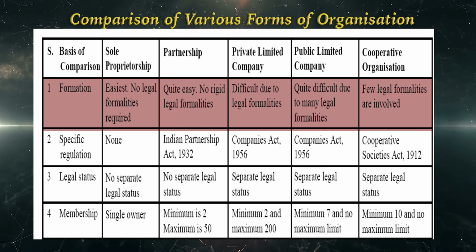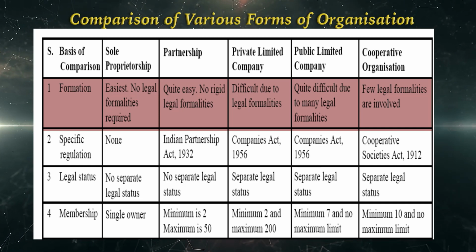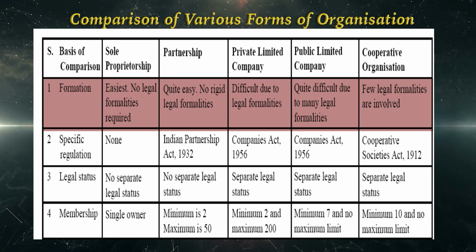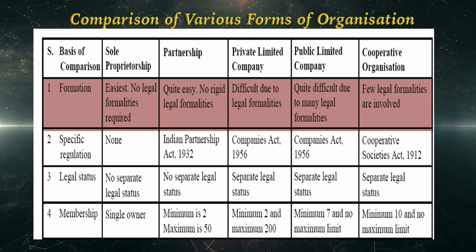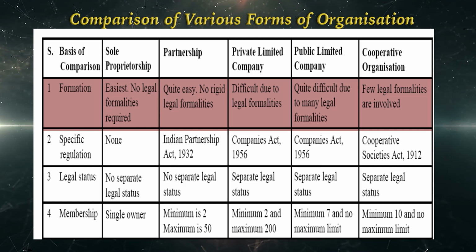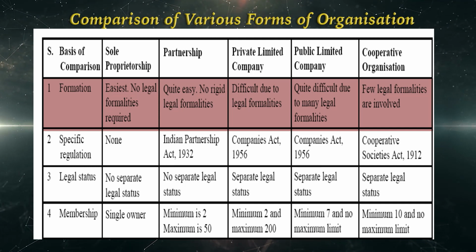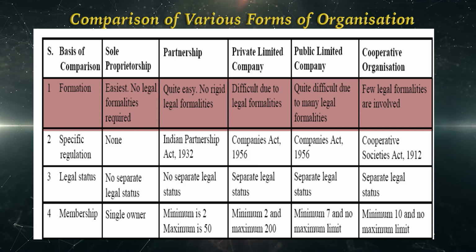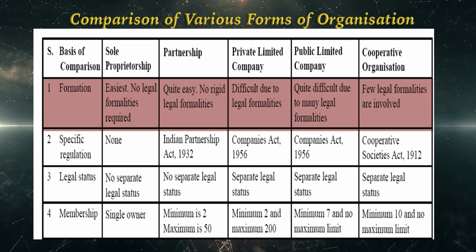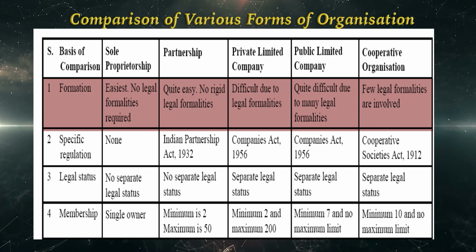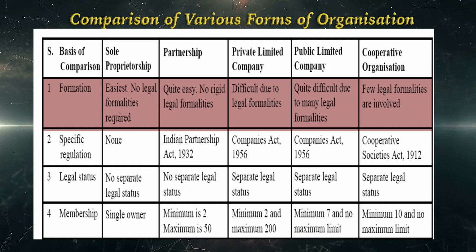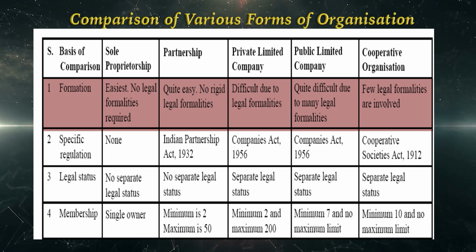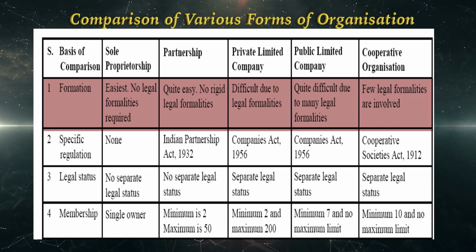A private limited company is more difficult than the earlier ones, because it has to follow legal formalities, and a public limited company is quite difficult compared to a private limited company because it has many legal formalities. As far as the cooperative form of organization is concerned, there are few legal formalities.